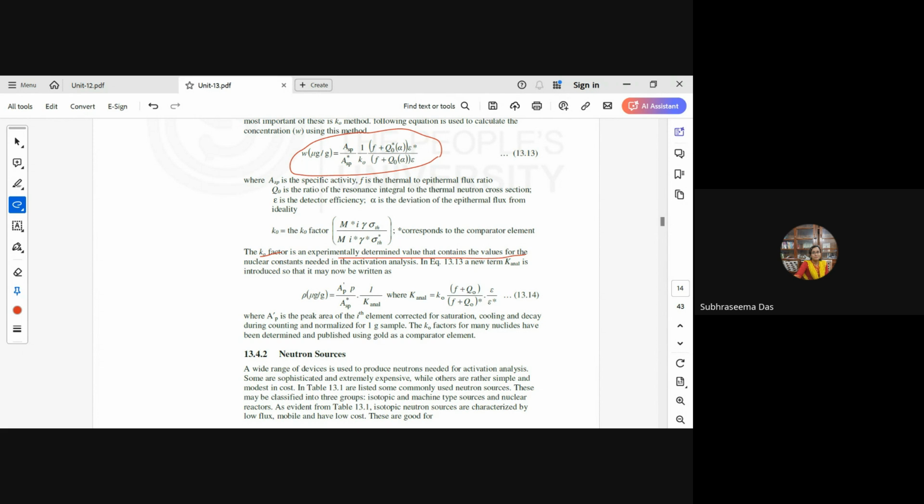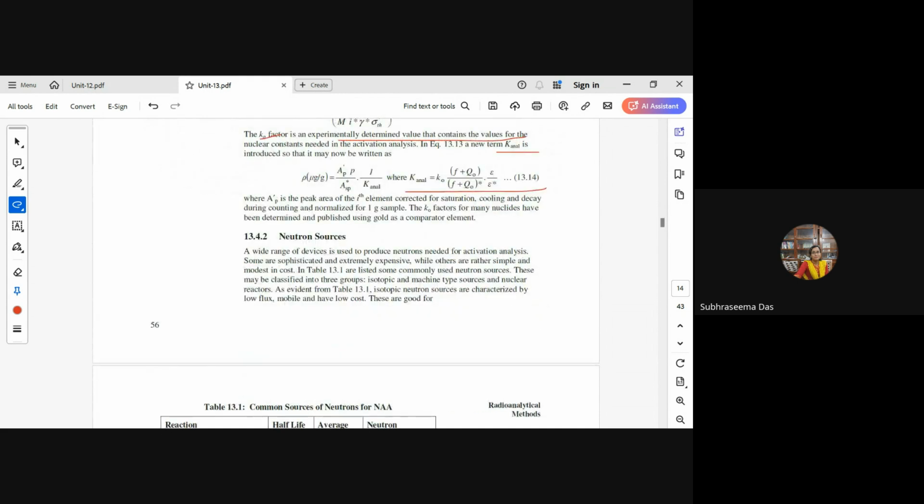Finally, after utilizing the k0 factor, a k analytical factor is obtained, given in equation 13.14. The k0 factors are different for different nuclides, and they are published using gold as a comparator element.